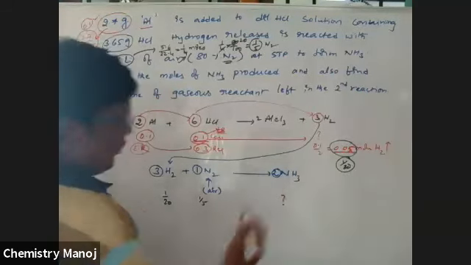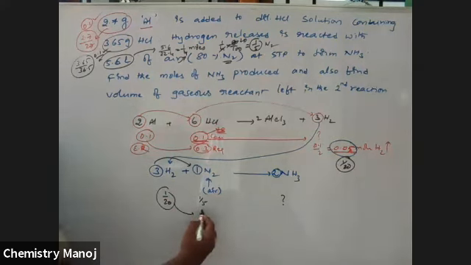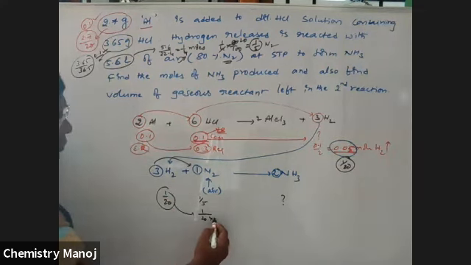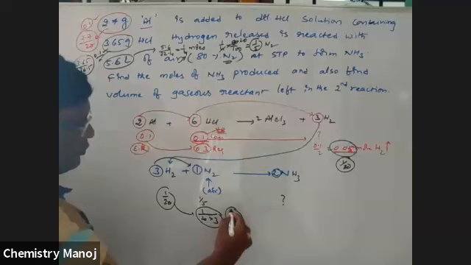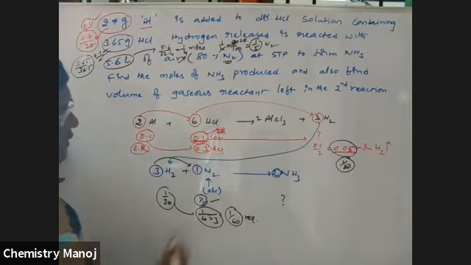How many moles of ammonia are formed? So 3 moles of hydrogen requires 1 mole of nitrogen. So 1 by 20 requires 1 by 20 by 3, that is 1 by 60 moles of N2. It is required, but actually 1 by 5 is there.